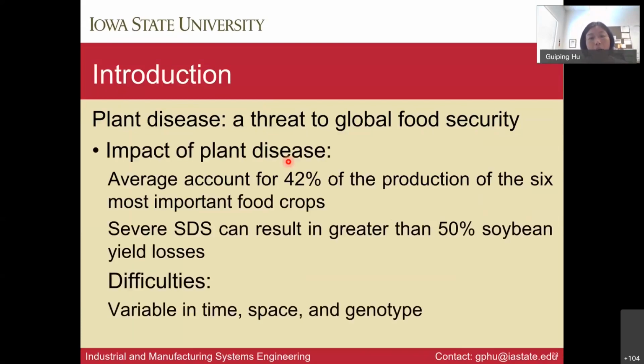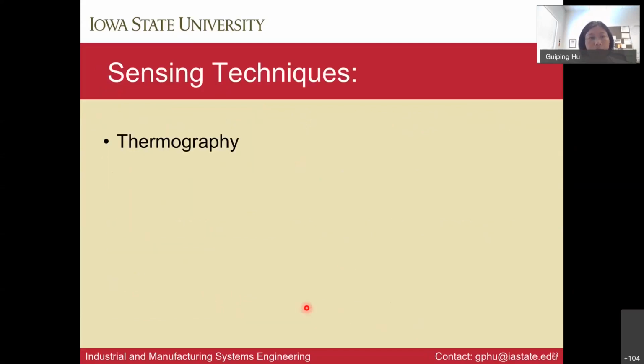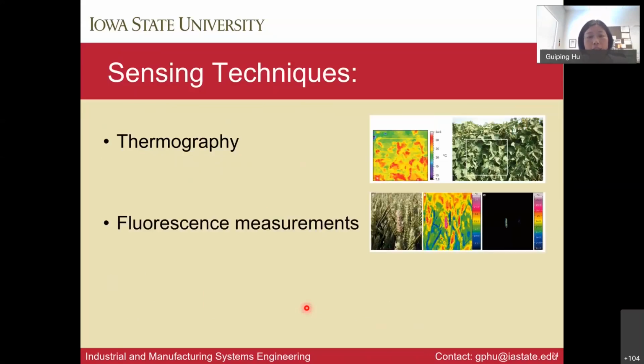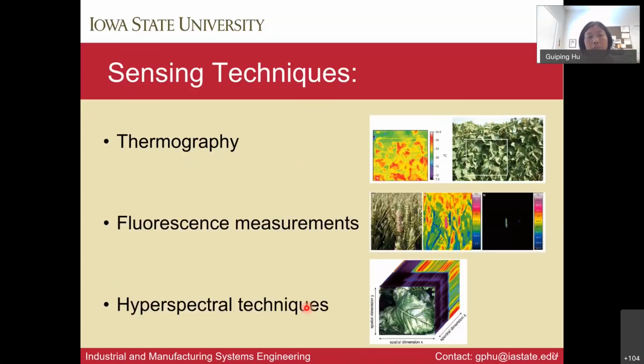Without going into too much detail, paying attention to the time, it's a challenging problem when you are trying to detect how severe the disease is, because it's variable in time, space, and also genotype. Some of the sensing technologies include thermography and fluorescence. I'll go through this relatively quickly because these are background information.